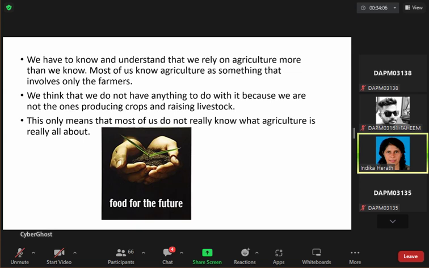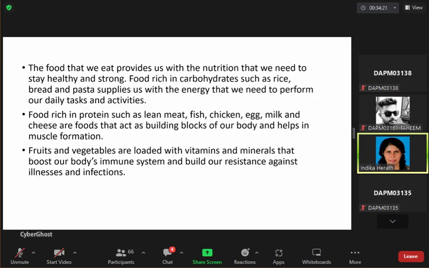This means most of us actually sometimes do not know what agriculture means, because many people think it's only about growing a plant and getting yield, right? When we come to the food that we eat, the nutrients that are needed for us are provided by the food that we eat, right?